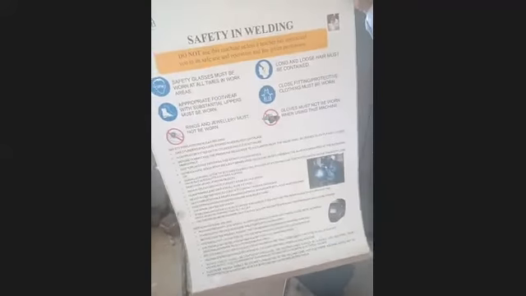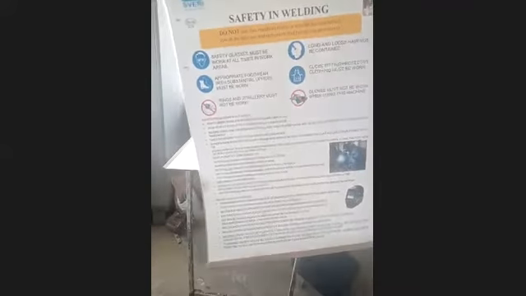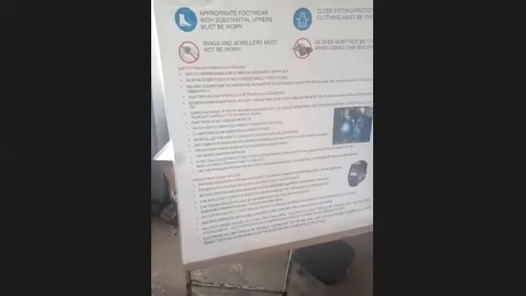Normally in our workshop, an arc welding machine is there. So you can see some of the precautions. I will read it here. Working area and floor should be kept clean, clear of electrode stubs, metal scraps, etc. Second point: the power supply source should be isolated from the main supply.